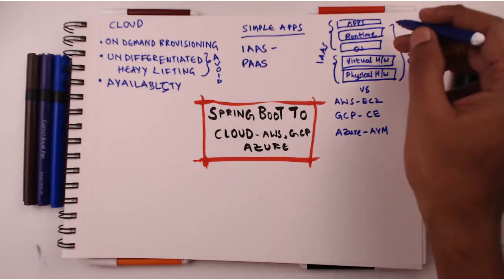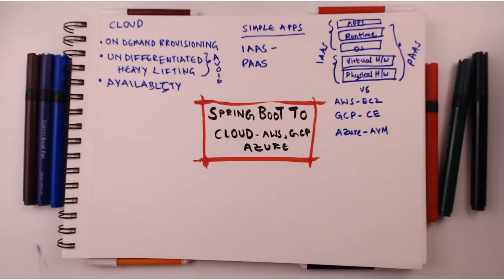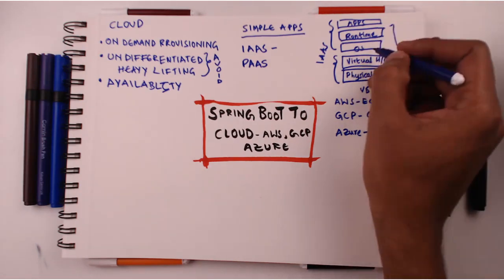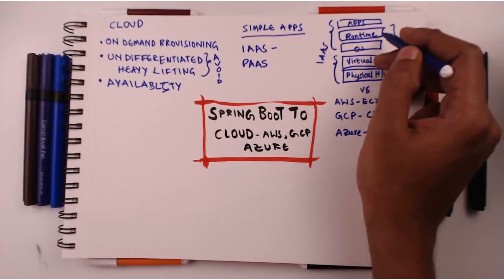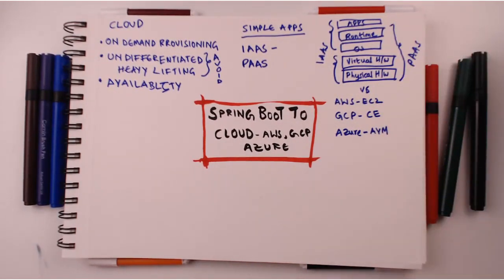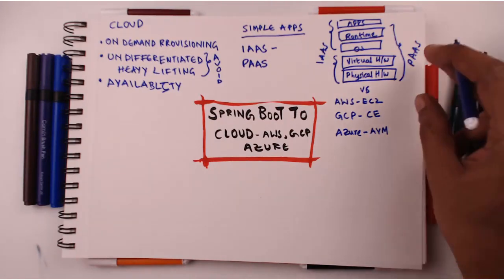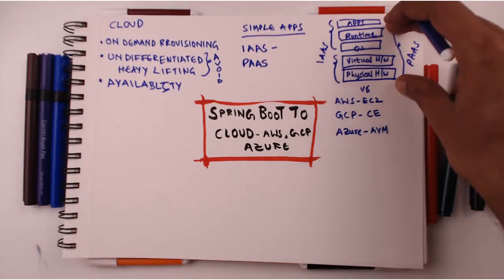And the cloud provider would be responsible for all the maintenance, availability, and everything related to your operating system and also the runtime. So if there is a new Java version or new security patch, the cloud provider would be responsible for installing all that stuff.